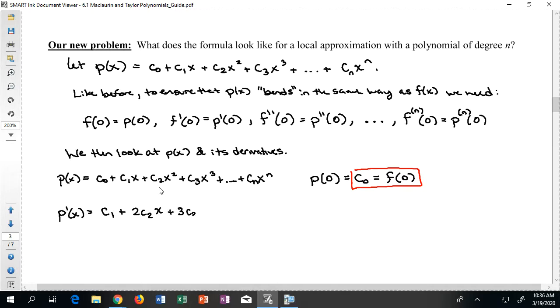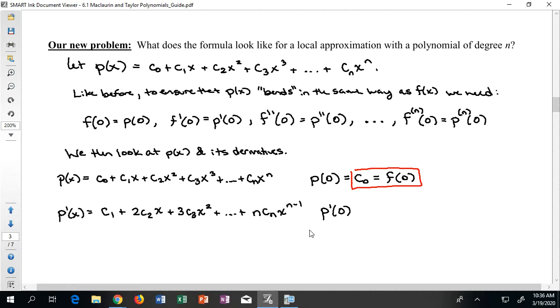Then I'm going to get 3c3 x squared. And I'm going to go on and on until I get to the last one, which is kind of weird: ncn times x to the power, what would the new power on x be? It would have to be n minus 1. All right, the power's got to go down by 1.